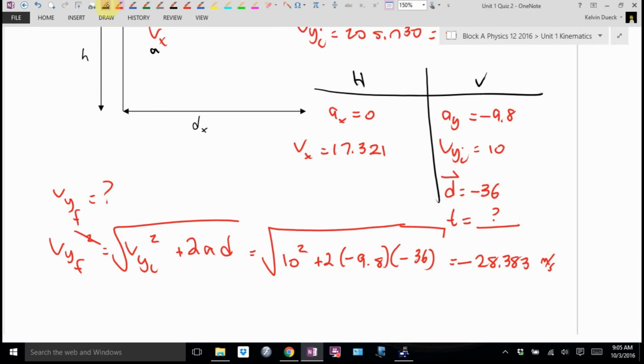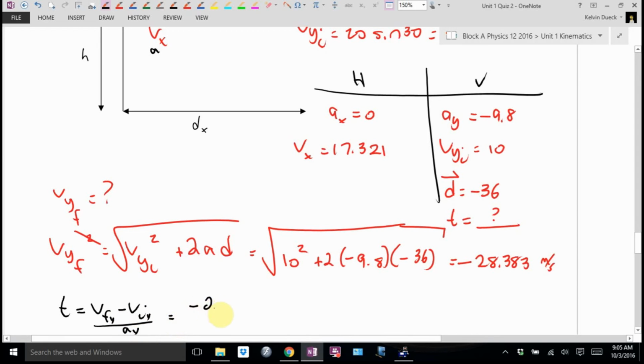Okay, so now I can find time. It's going to be Vy final minus Vy initial over A. You know what? Let's put the y's in there because there's v's kicking around all over the place. Vy final, negative 28.383 minus Vy initial, exactly 10, all over negative 9.8.